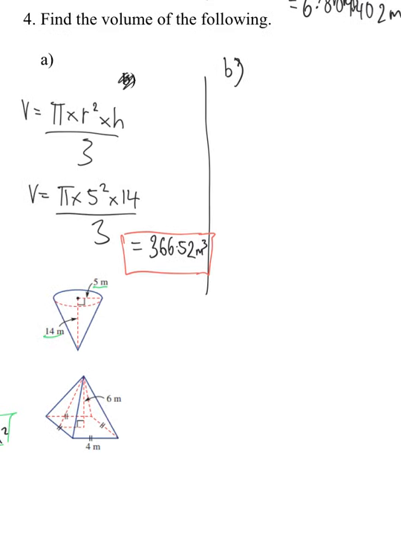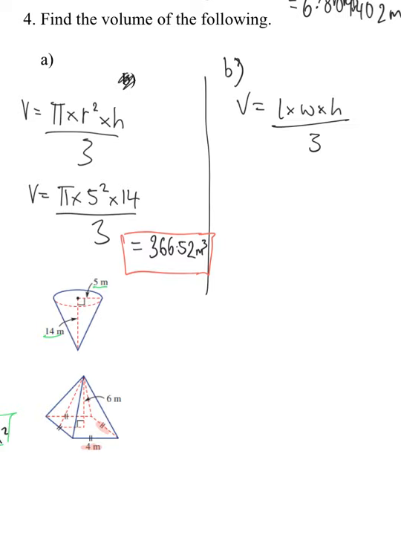B, we're going to do our pyramid. So what I'll do is I'll write the rule for the volume of a pyramid. The volume equals the length times the width times the height on 3. Okay, so in this case, if we look at our pyramid down the bottom left there, the length and our width, because it's square base, is the exact same.